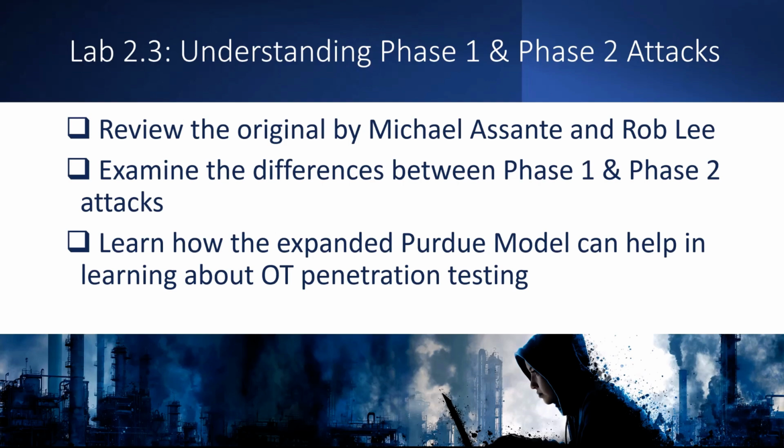They wrote this paper to talk about phase 1 and phase 2 attacks. And they use the Lockheed Martin kill chain to explain how it occurs. I'm not the biggest fan. I know some people aren't the biggest fan of the Lockheed Martin kill chain because it has almost like a government military feel to it.